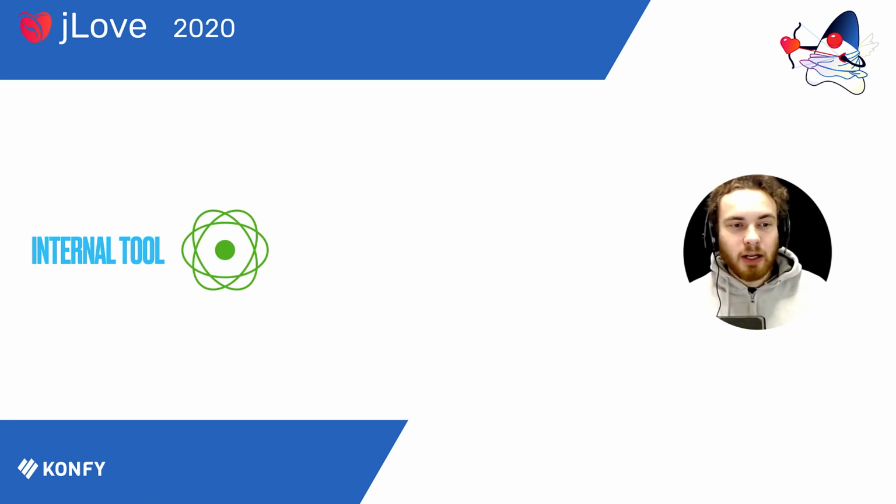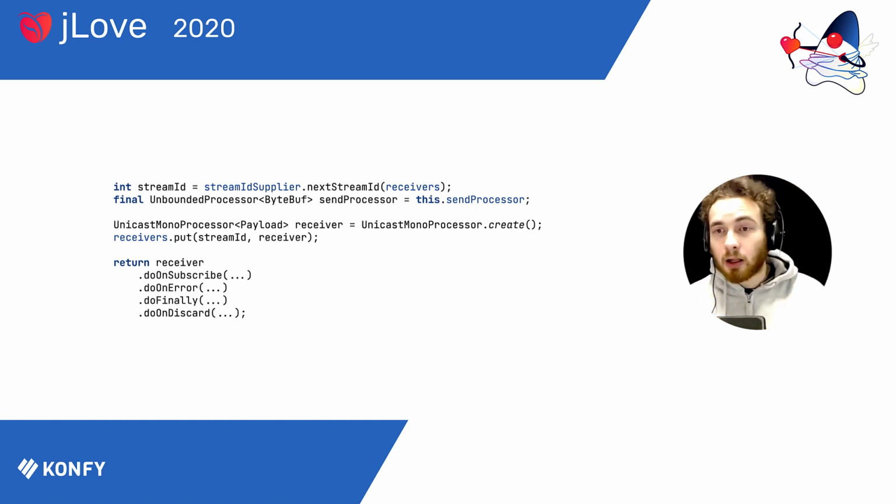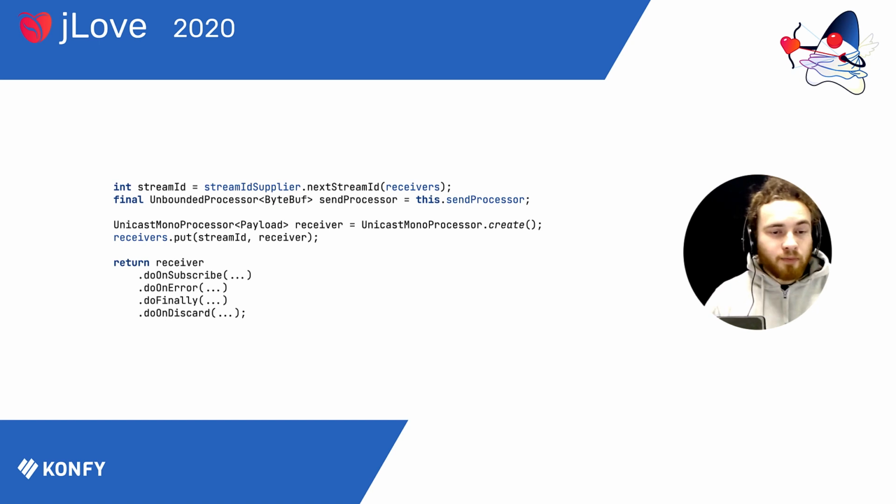Well, it's reasonable. And we did that at the very beginning, and what we had looked like this. So we used all types of processors inside our implementation, because processors enabled us to easily send frames when we received them from the network, and create our publishers without writing something complex at the very beginning.